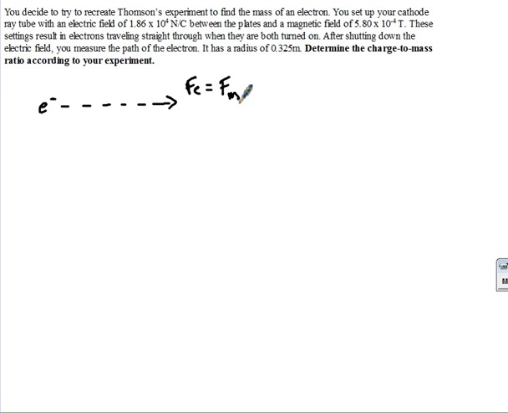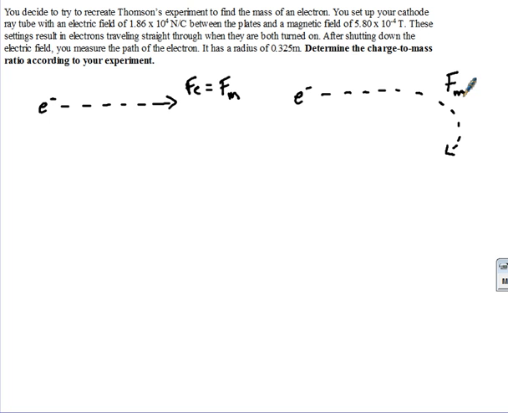Then what happens next is we turn off that electric field. And what we find is that those electrons start to travel in a circular path. So there's only a magnetic force experienced by those electrons, and they travel in a circular path.